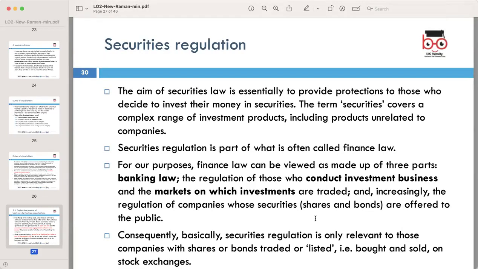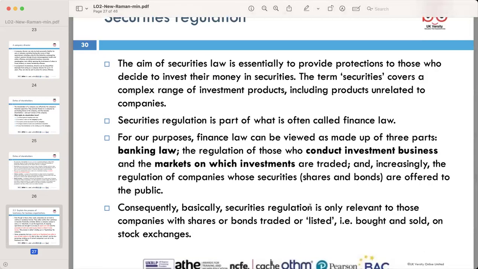Securities regulation is a subset of financial law, which comprises banking law, the regulation of investment business, conduct and markets, and the regulation of companies whose securities are publicly offered. So securities regulation is primarily relevant to companies with shares or bonds listed on a stock exchange, emphasizing the protection of investors in these traded securities.